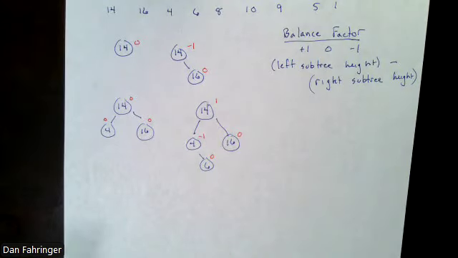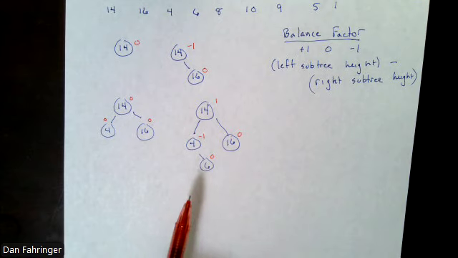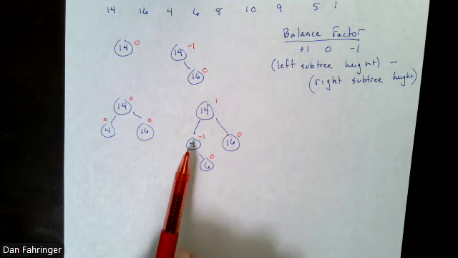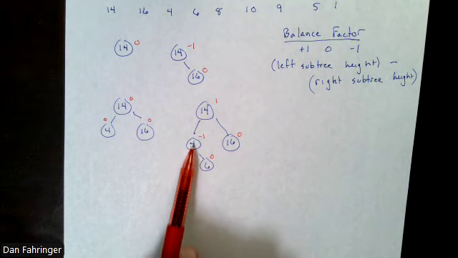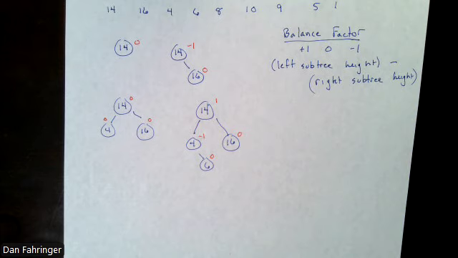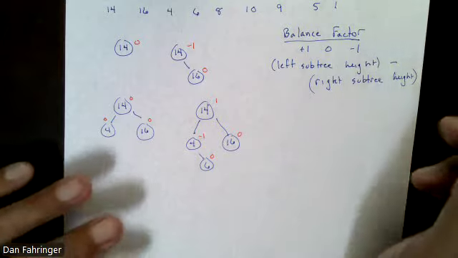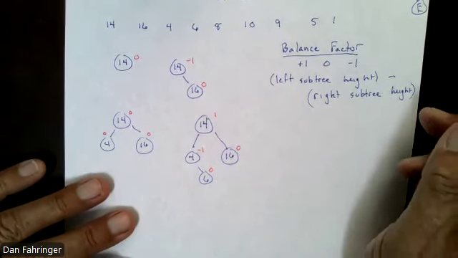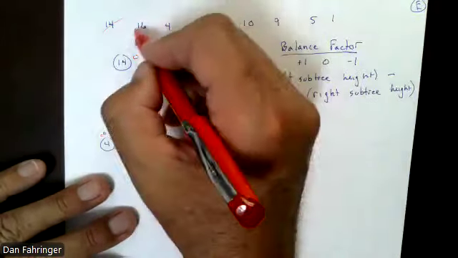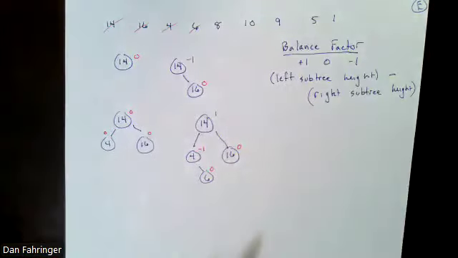Still happy. I have my balance factors check out. Again, I'd have to have a bunch of code written to figure out how big the subtree is so I could get everybody's balance factor. I'd have to traverse down, something that I think was a challenge earlier that we didn't really do much with. So 14, 16, 4, and 6 are off the list.